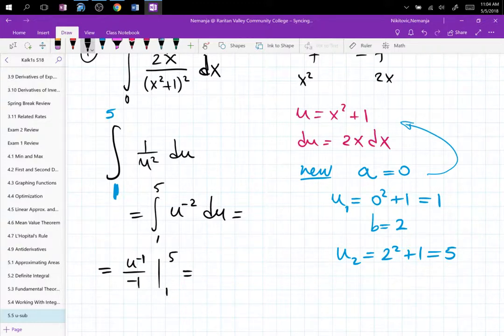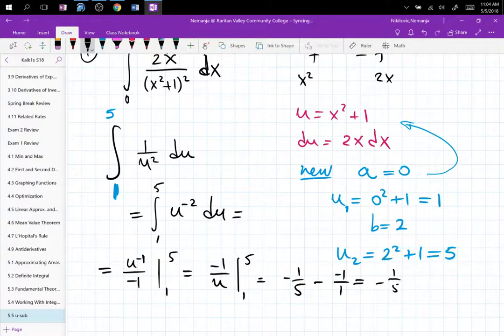No plus c, because it's a definite integral. So this is negative 1 over u, computed from 1 to 5. That's negative 1/5 minus negative 1 over 1. That's negative 1/5 plus 1, which is 4/5. And the answer is 4/5.